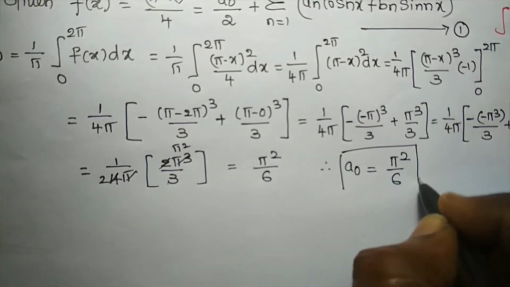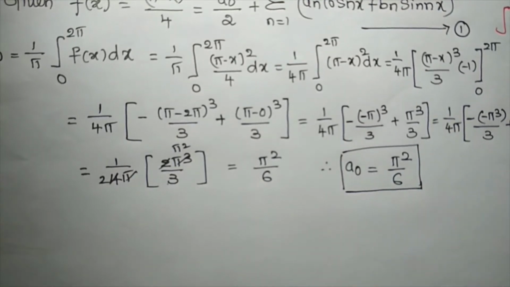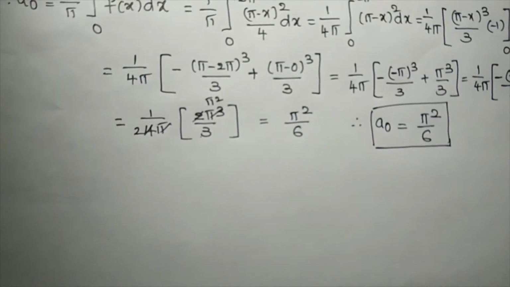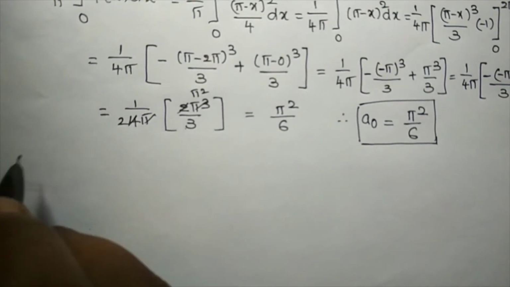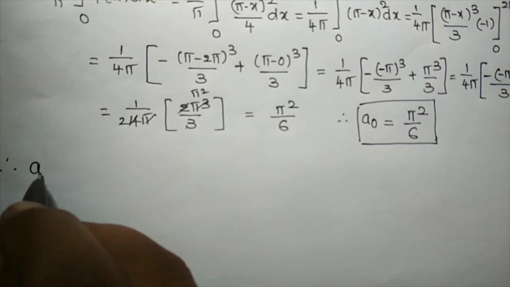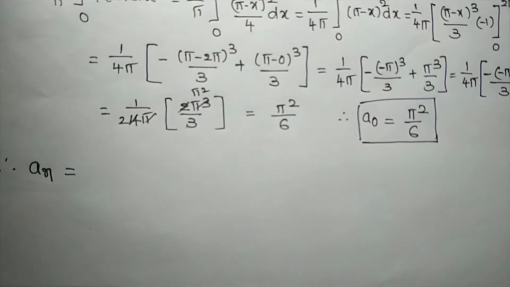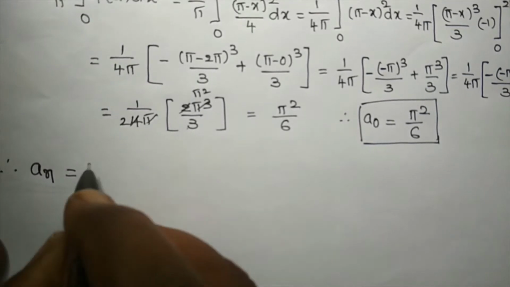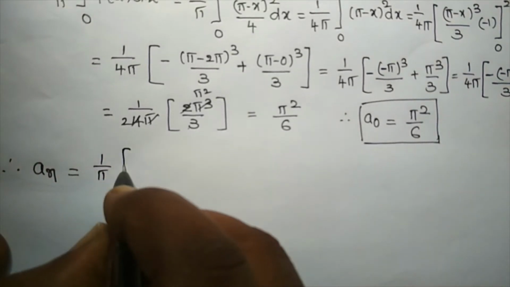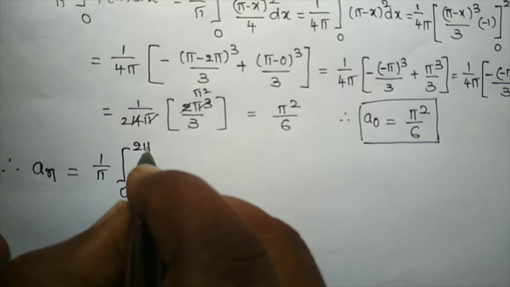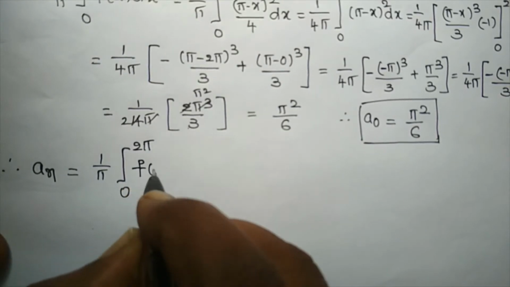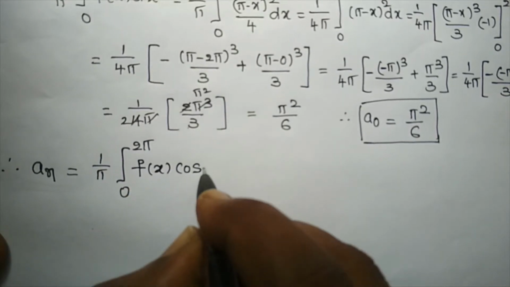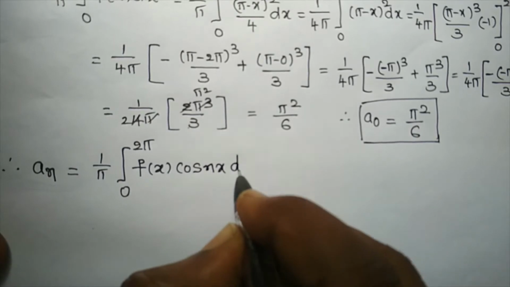Keep the a naught value as it is. Now I am going to find the an value. What is the formula for an? 1 by pi into integral 0 to 2 pi f of x cos nx dx.